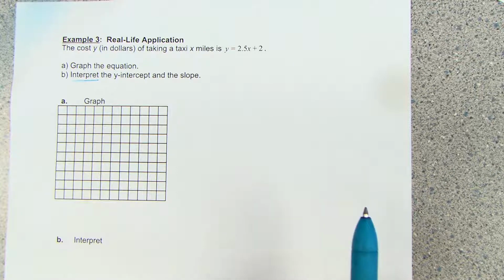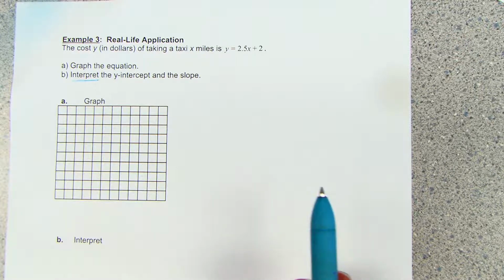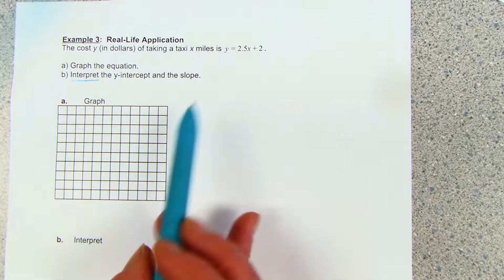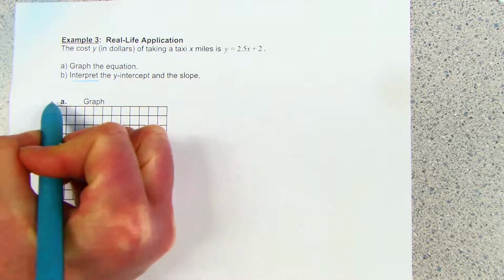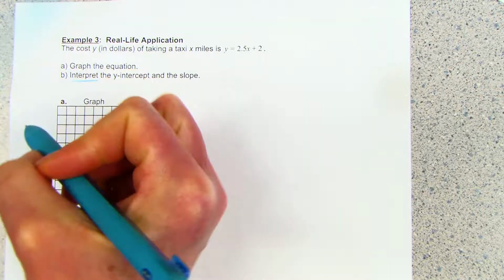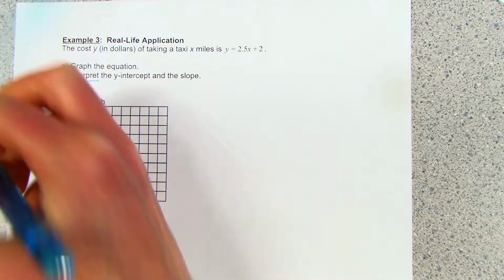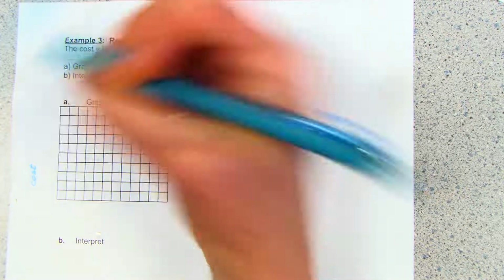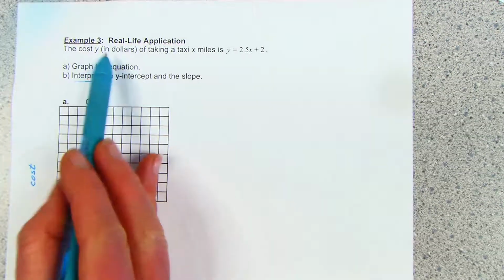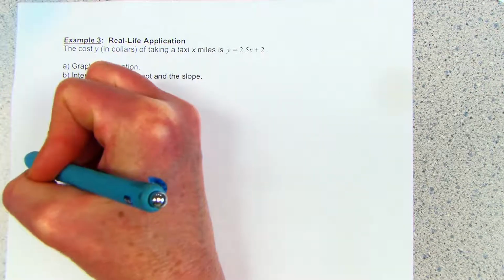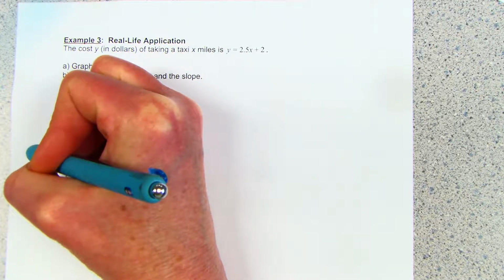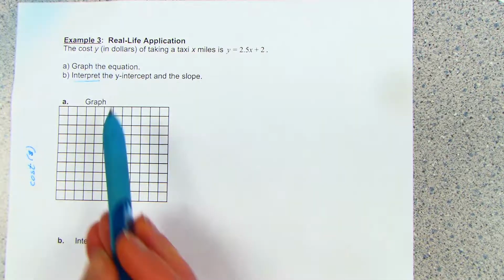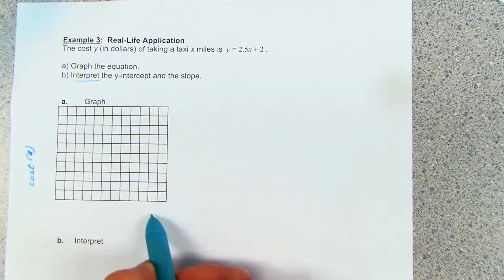The graph by itself doesn't solve anything if you don't know what the parts mean. Okay. So the first thing we need to put on is the cost on the y-axis. So maybe I'll label it this way. Right. It will tell you, and that's in dollars. And then on the x-axis is the miles.